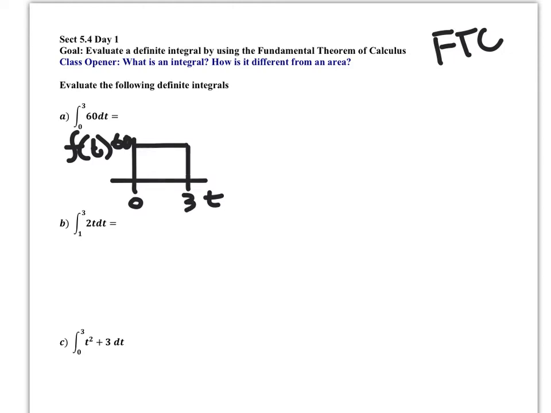So I've created a rectangle, and therefore the integral, which represents an accumulated area, the integral from 0 to 3 of 60 dt would be equal to 3 times 60, which would be 180.